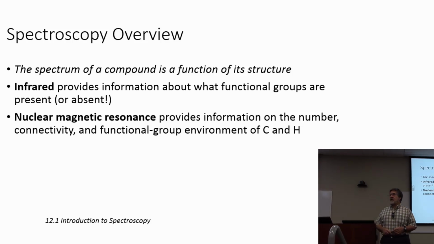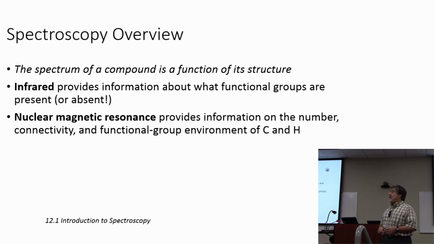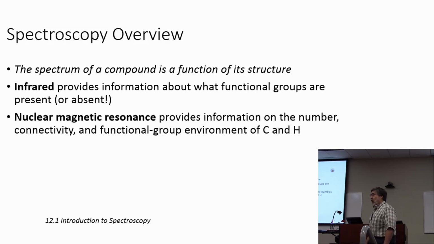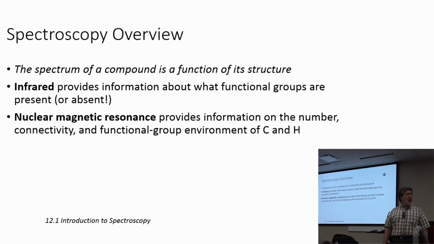It tells you if you've got 4 CH2s, 1 CH, 2 CH3s. That kind of information can come out of an NMR spectrum. It's wonderful. Can an NMR tell you that you're also looking at an alcohol? Yeah, pretty much.